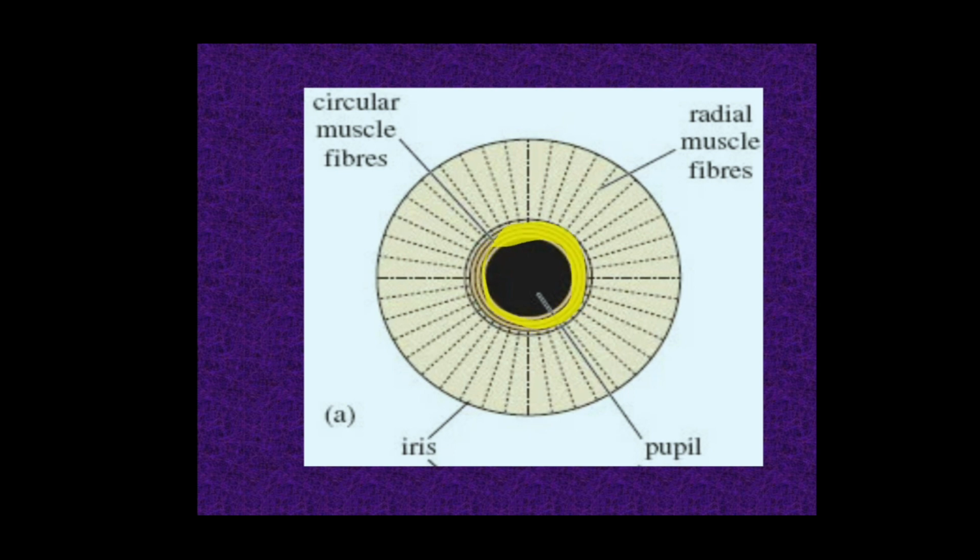The size of this hole can be regulated with the help of muscles in the iris. Which are those muscles? Radial muscles and circular muscles in the iris. So, iris is the part of choroid seen behind the cornea.